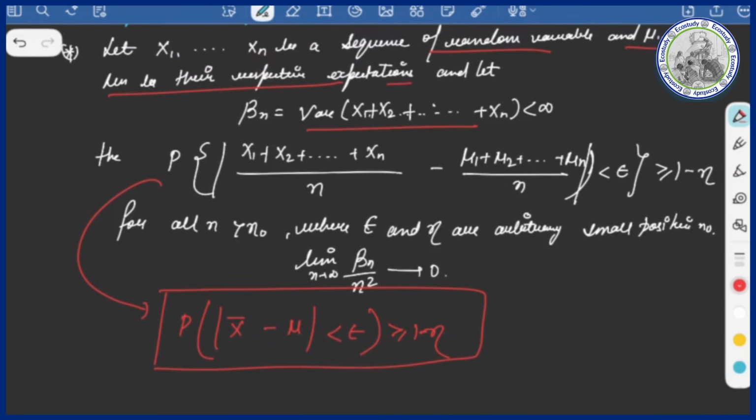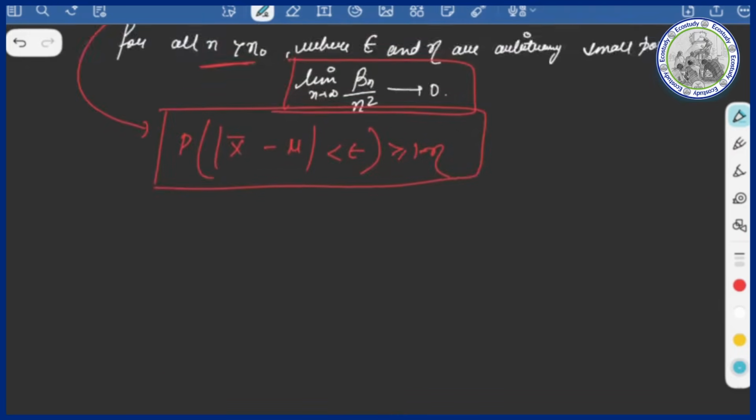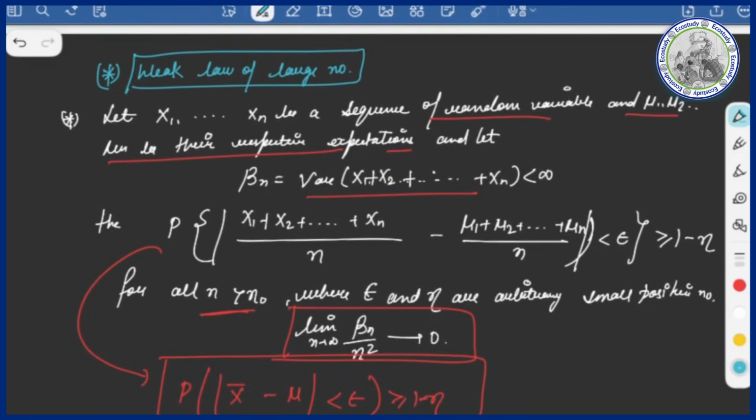This holds for all n greater than n naught, where epsilon and eta are arbitrary small positive numbers with limit Bn divided by n square tends to 0. Then we have a weak law of large number for independent identically distributed random variables. This is for the sequence of random variables. See here, it is not IID because nowhere is it written that they are independent and identical.